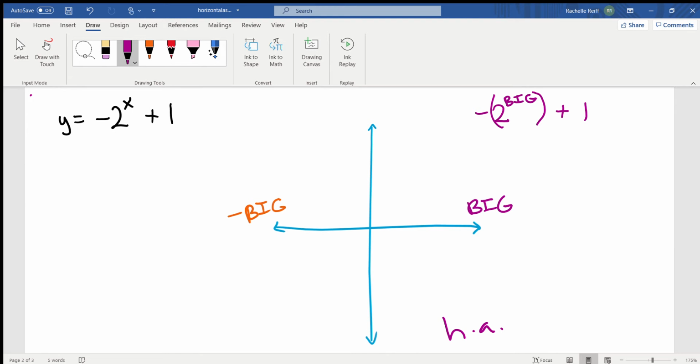If I took 2 and squared it, that'd be 4. 2 cubed is 8. 2 to the 4th is 16. So if I raise it to a really big power, it's just going to be a super big number, right? So if I take 2 and raise it to a huge power, that's just going to be another really big number.